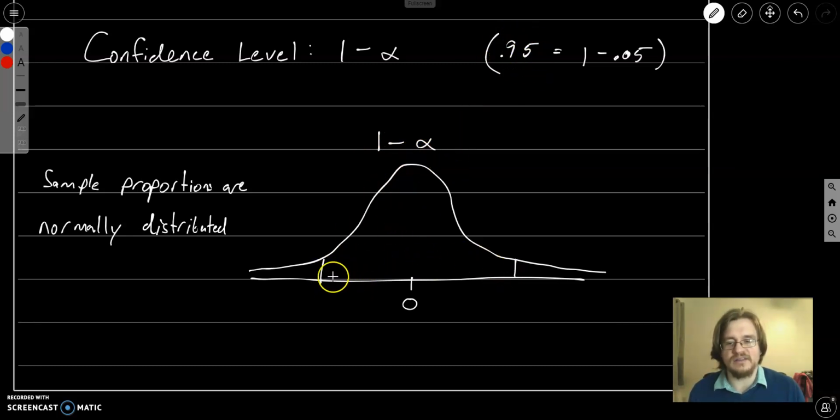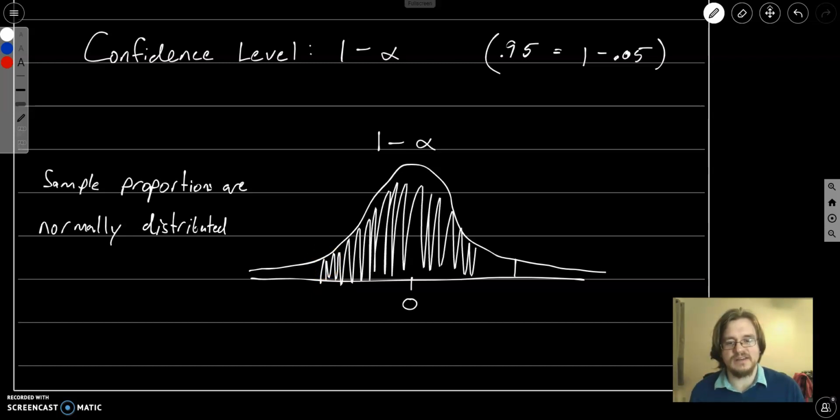This is essentially assuming that if our sample is accurate, we want to be confident that the population parameter is somewhere in this range. And there's a little bit of a tail where the actual population parameter could be, but we're confident that we're in here.